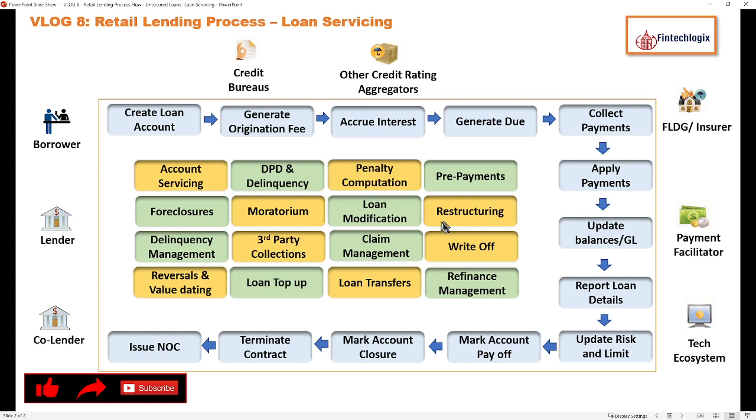Normally, if there is a change to the payment schedule, it goes for restructuring. Restructuring can happen based on customer requests. So instead of 12 outstanding installments, the customer wants to pay it off in 10 installments, or wants to increase the tenure by another 12 months to make it 24 months. All these kinds of changes make changes to the payment schedule.